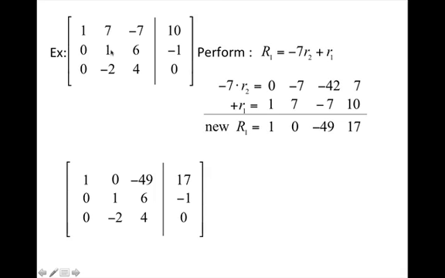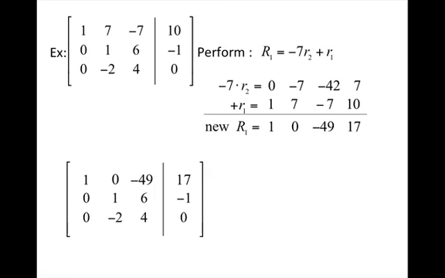If I wanted to get those to eliminate, I'd need them to be opposites. Since I have a +7, I need that 1 to become a -7. I get it to become a -7 by multiplying the entire row by a -7. And then I add that to the row I want changed. And this gives me my new row with the 0 that I needed.